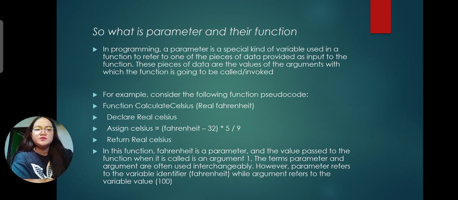In this function, Fahrenheit is a parameter and the value passed to the function when it is called is an argument. The terms parameter and argument are often used interchangeably. However, parameter refers to the variable identifier, while argument refers to the variable value.